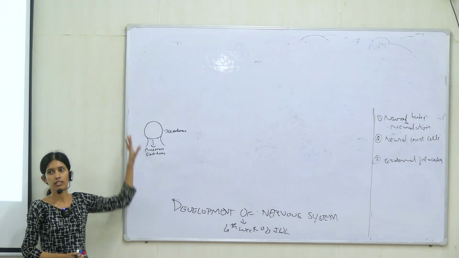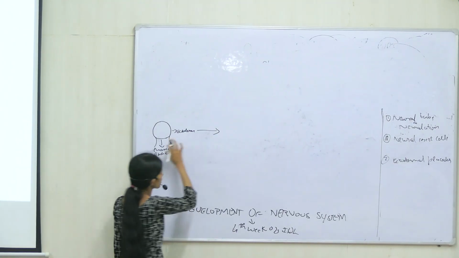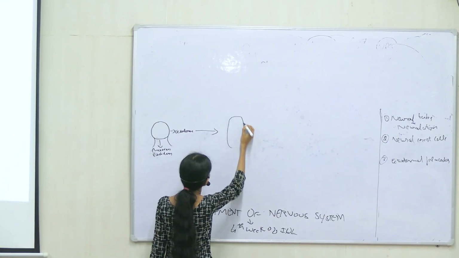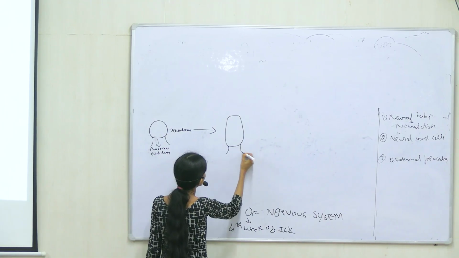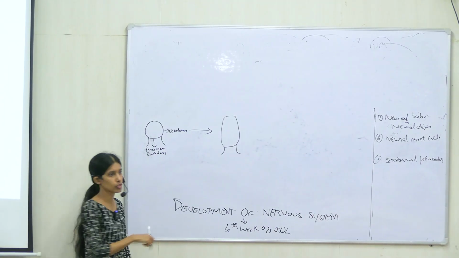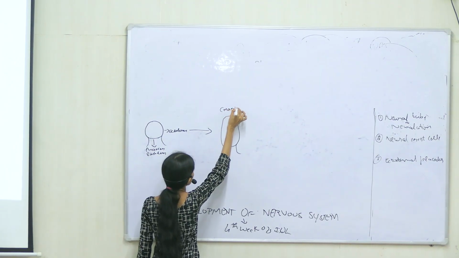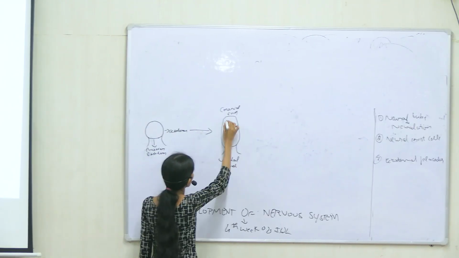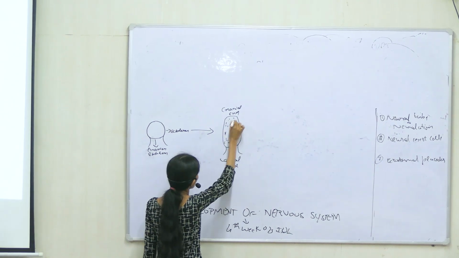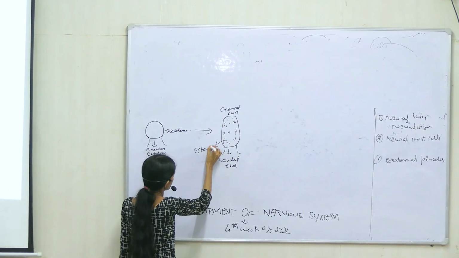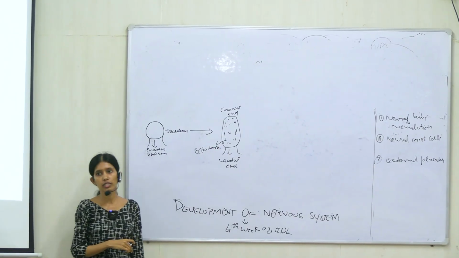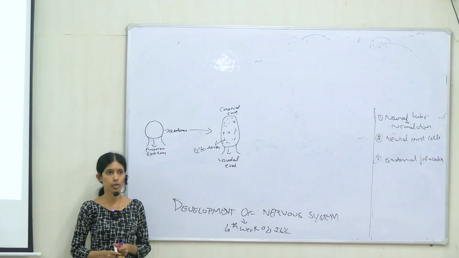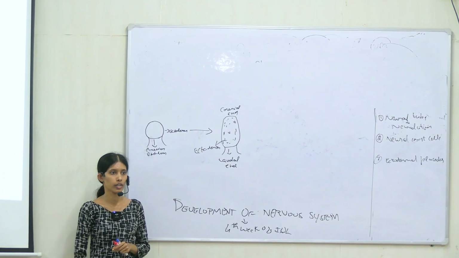If I draw the detailed picture of this ectoderm, this is how the structure will look. In the detailed picture we have 2 ends, the cranial end and the caudal end. All the dotted structure will represent your ectoderm part. What are the important structures we see in the cranial end and caudal end part?